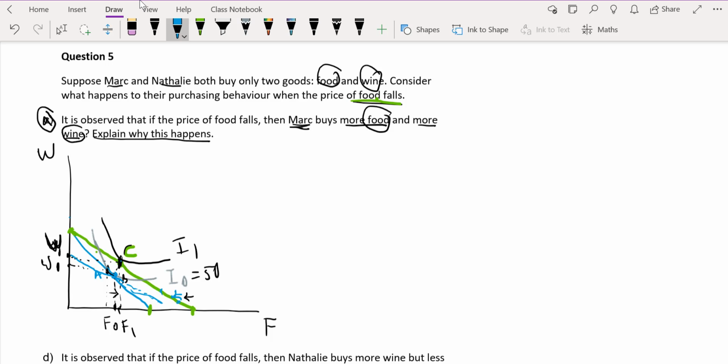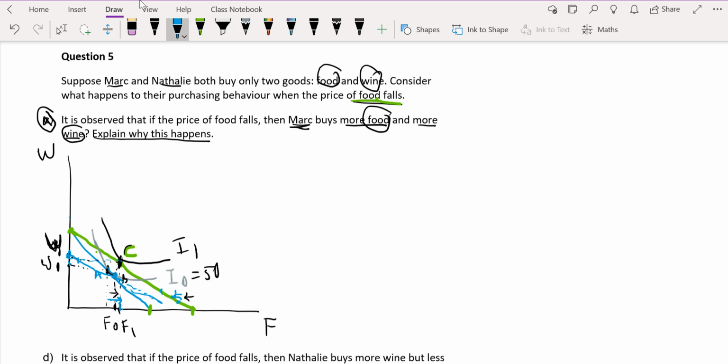As you can see, because of the movement from B to C, we have a higher overall movement to point F1. So overall food consumption increases. The increase in food consumption due to the income effect is higher than the substitution effect, and at the same time there is more consumption of wine.